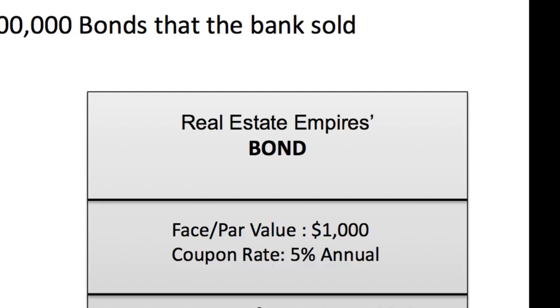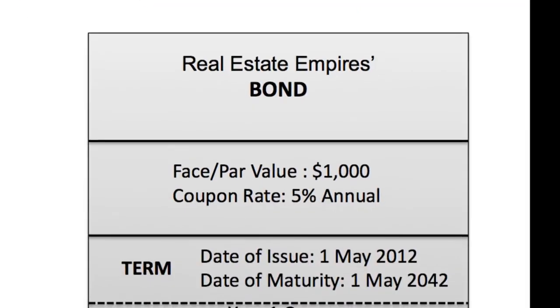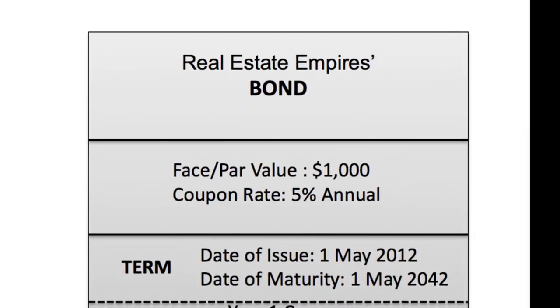Let's move down and look at the term. As we look at the term, we can see that the date that this bond is issued is 1 May 2012, and the date that the bond becomes mature is 30 years later on 1 May 2042. So when Jesse buys that bond from the Real Estate Empire company, he buys it on 1 May for $1,000.